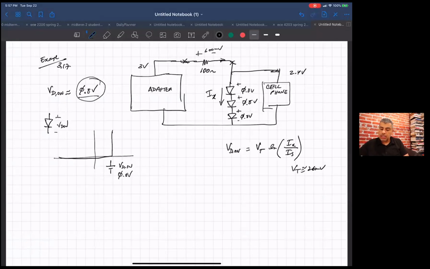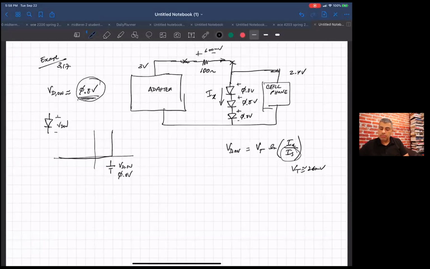We said it's approximately 0.8 volts, but that really depends on this I sub S. Maybe it's 700 millivolts, or maybe 850 millivolts, depending on I sub S.